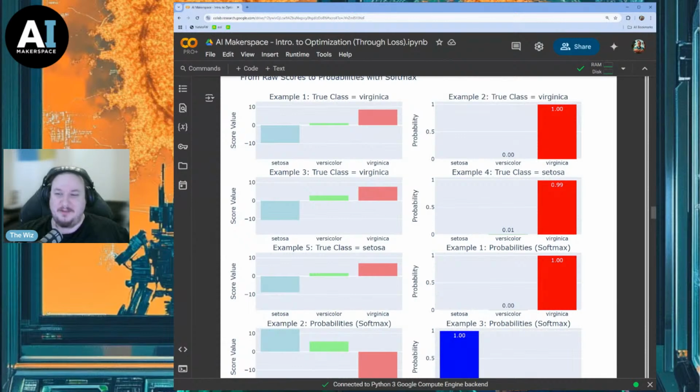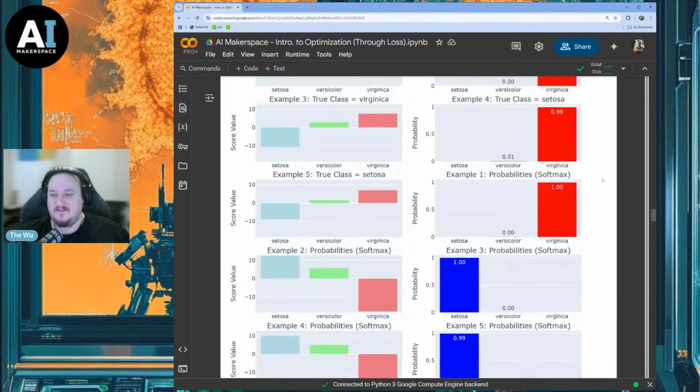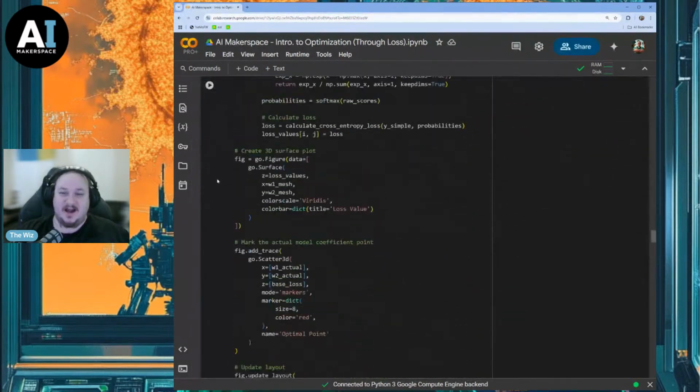It looks like basically 0 and 1. And if we look at all of these softmax probabilities, you'll notice that they look the same, and we can compare this distribution to our actual ground truth, which is literally 0 and 1. And then we can use that information through cross-entropy loss to see if we're doing good or not.